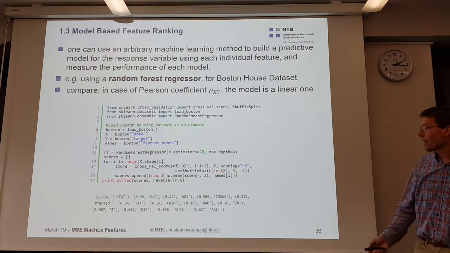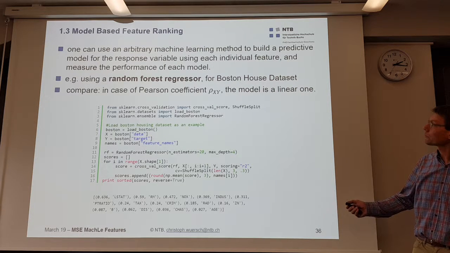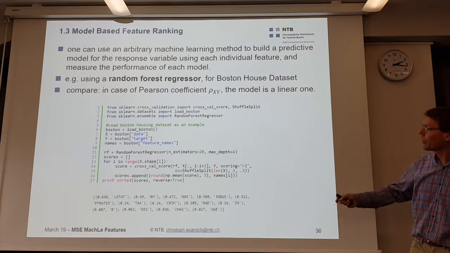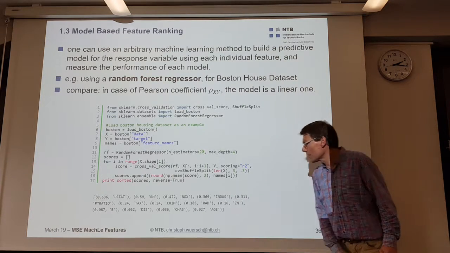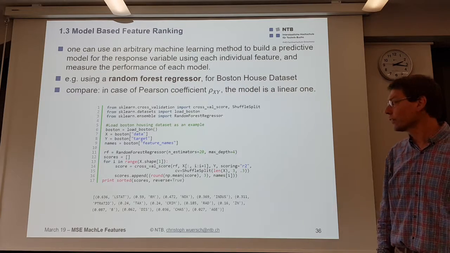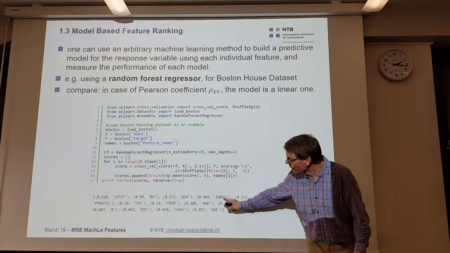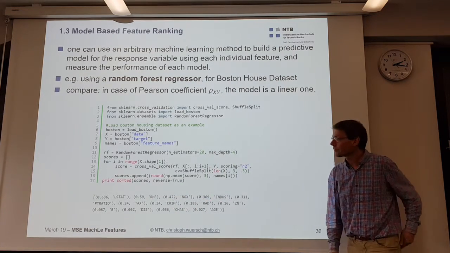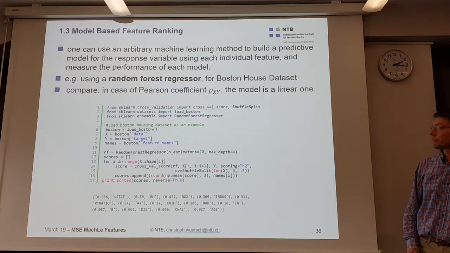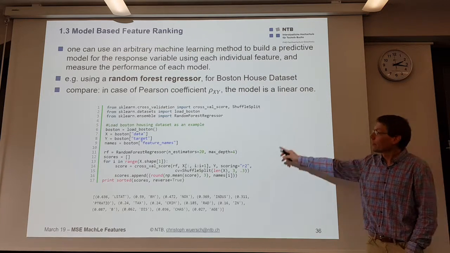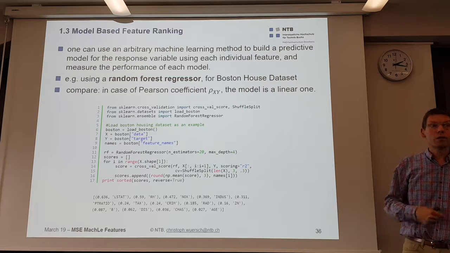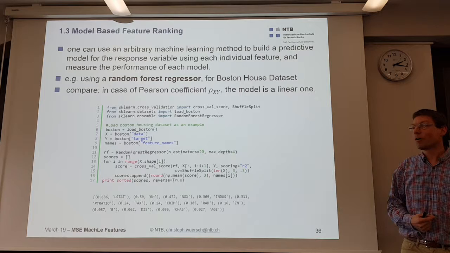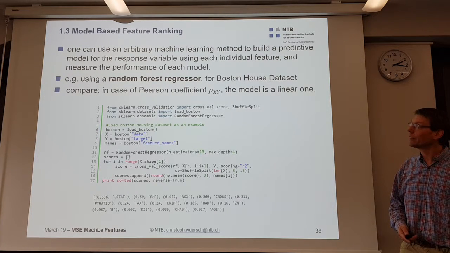And we look at the importance of these individual features on the regression tree, so we can make a sorted list of the importance of these features. This is still univariate. And here we are not limited to linear ones. A regression tree is far away from being a linear model.